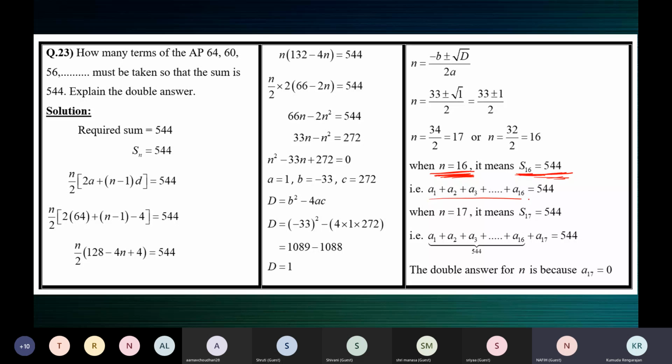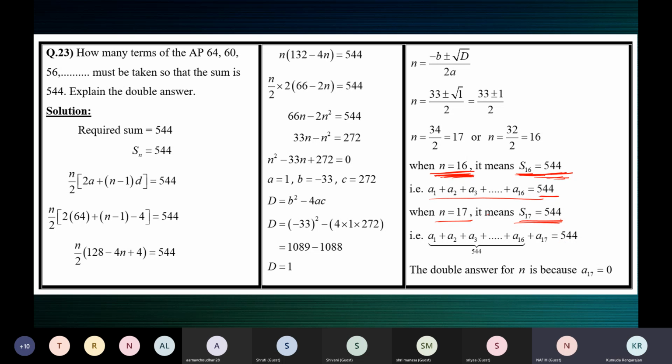The sum of the first 16 terms is 544. When n is 17, it means S17 is 544. Sum of the first 17 terms is 544, which means A1 plus A2 plus A3, so on till A17.